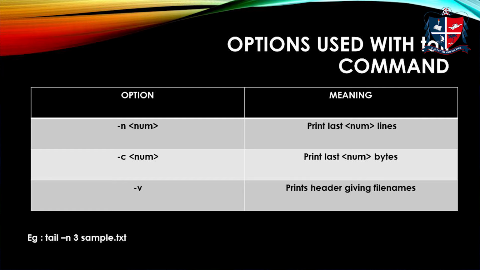Minus n along with a number prints the last specified number of lines, so if 3 is specified, the last 3 lines of the file are printed. Minus c with a number, if it is 5, prints the last 5 bytes of that file. The last option is minus v, and it is the same as in the head command, that is it will print the header giving the file names.